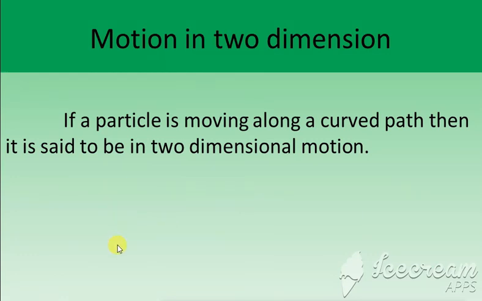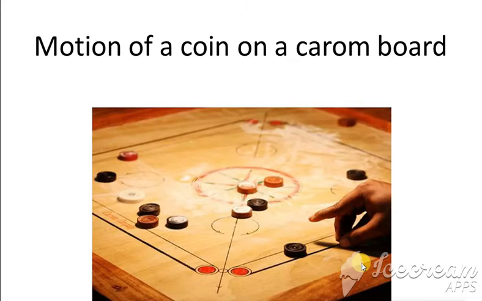So if it is taking a turn and moving in a curved path, then that is said to be two dimensional. Two dimensional examples are the carom board. On a carom board, the coins can move either straight like this, or they can turn. So this is an example of this.